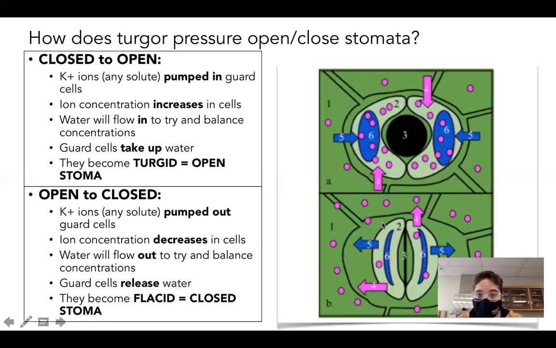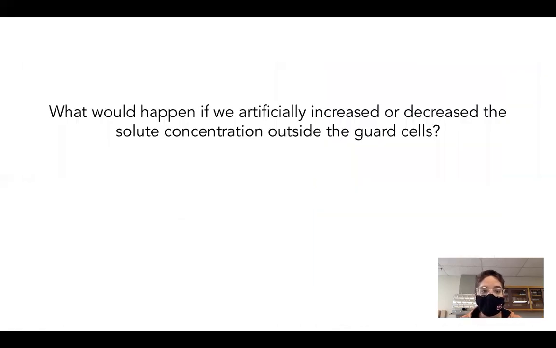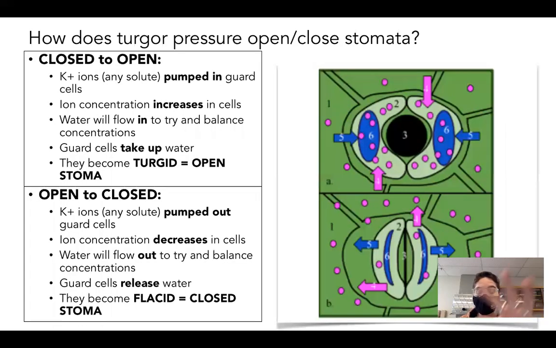So it's good to remind yourself how stomata open and close, because in the second part of lab, we're going to be artificially increasing or decreasing the solute concentration outside of the guard cell. And so try to think about what would happen if we artificially increased that potassium gradient.